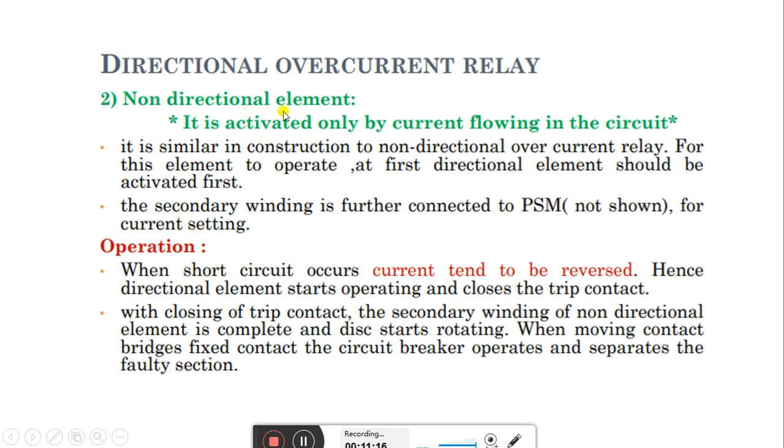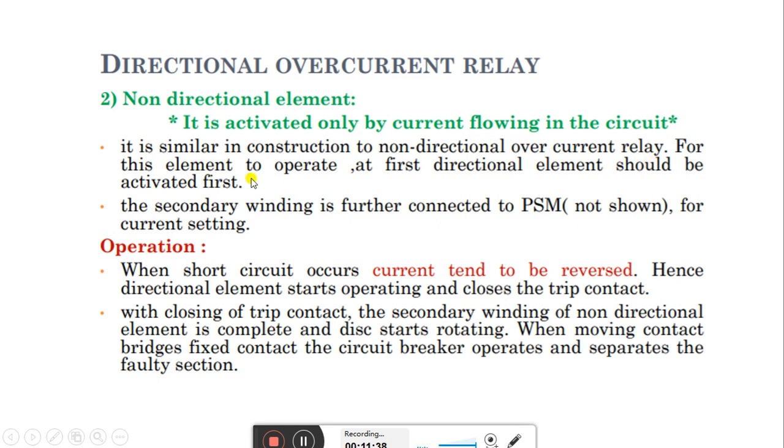So what is the non-directional element? As we discussed, the lower side is the non-directional element. It is activated only by the current flowing in the circuit. I have already told you that the lower side magnet is activated only by the current. It is similar in construction to a non-directional overcurrent relay.